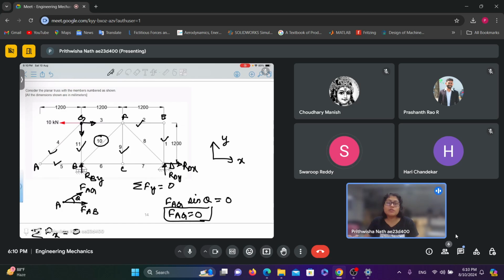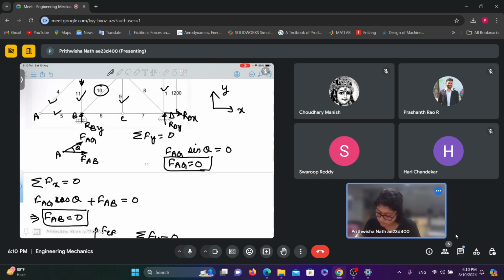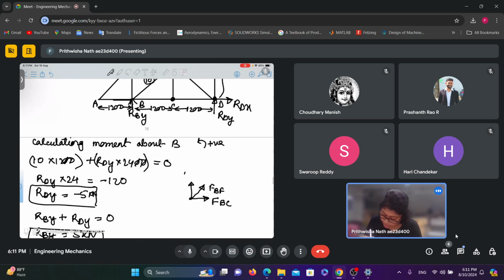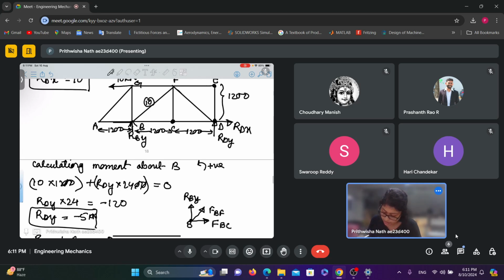So I don't need to consider them in my calculation. Though these members are present in the truss, we don't need to consider them in calculation since it's zero, right? So this is just the reaction force, which is equal to RBY. This is joint B.